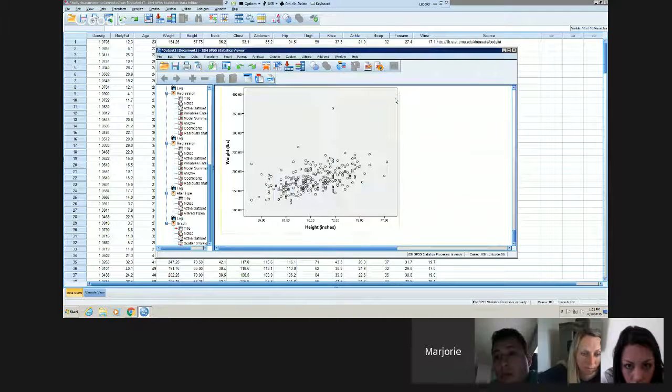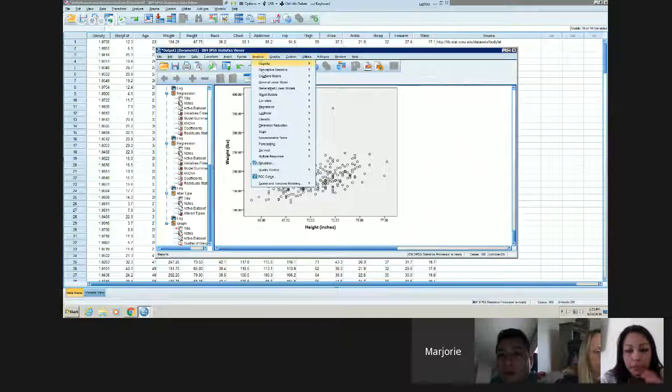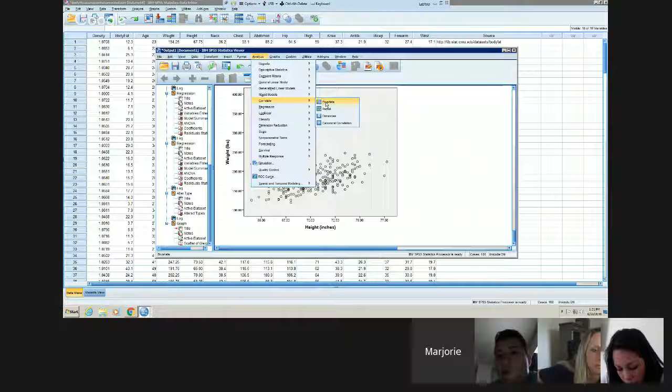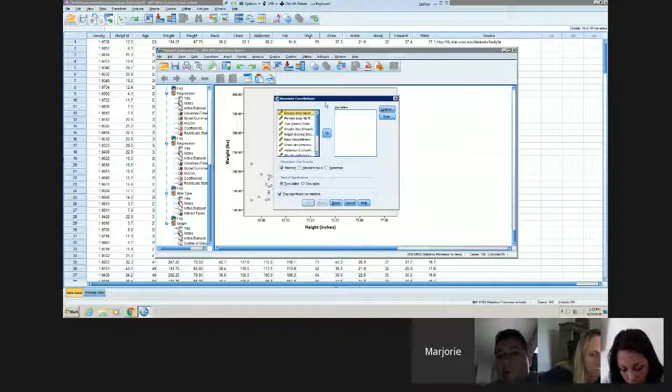All right, so this is a new thing to do that they introduced in this lesson, you guys. So you go, instead of regression this time, because we're doing the correlation coefficient, let's see. I went to correlation, I went to bivariate, and then all I bring over are the two variables. It doesn't matter which order you put them in.